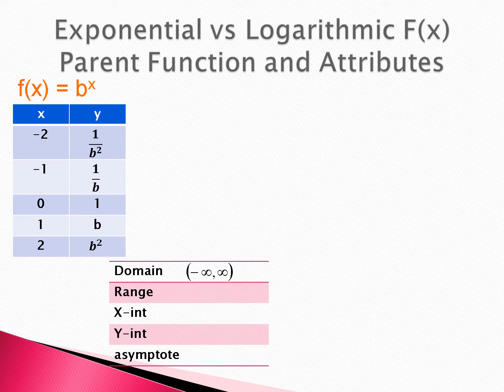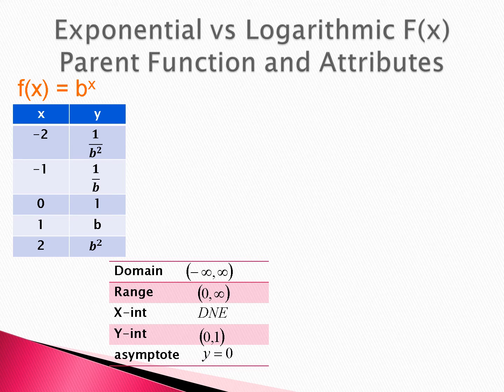If you remember, our domain is negative infinity to infinity. Our range was 0 to infinity. There was no x-intercept on the parent function. We had a y-intercept of (0, 1). And our asymptote was y equals 0.